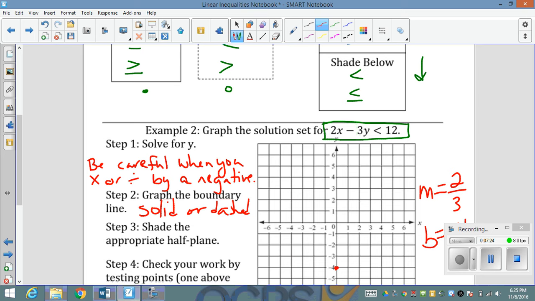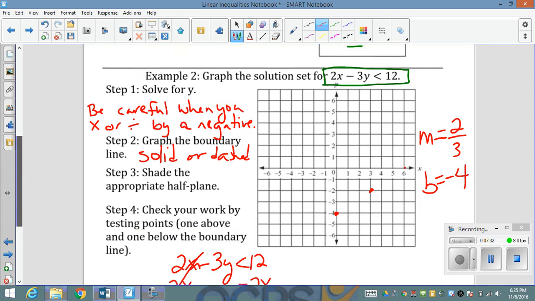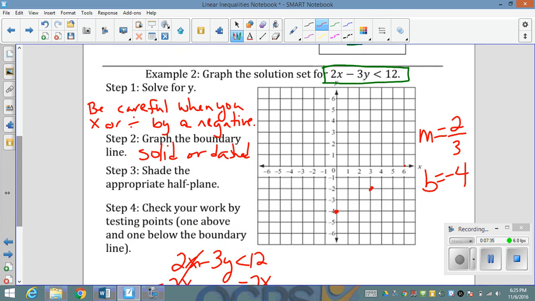Up 2, to the right 3. I'm going to count it out a second time. Up 2, to the right 3. I could also count down 2 and to the left 3.